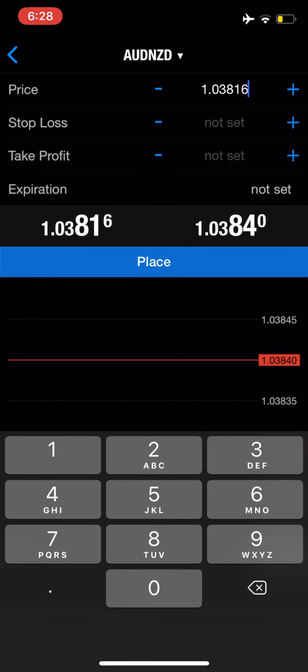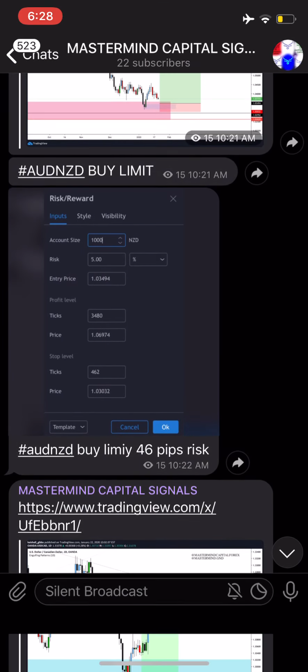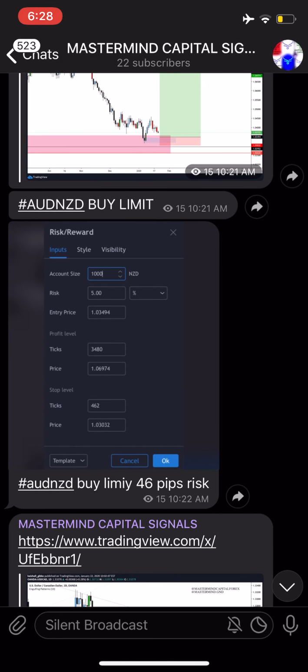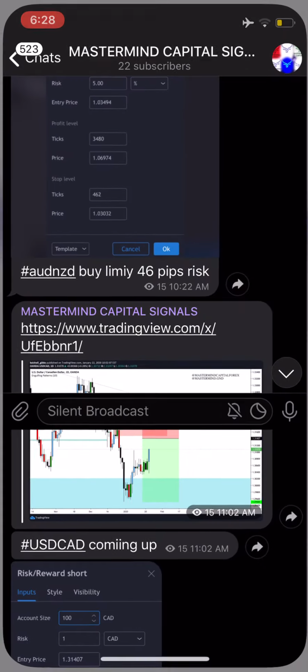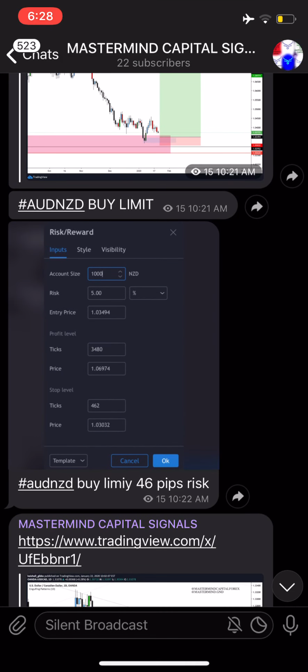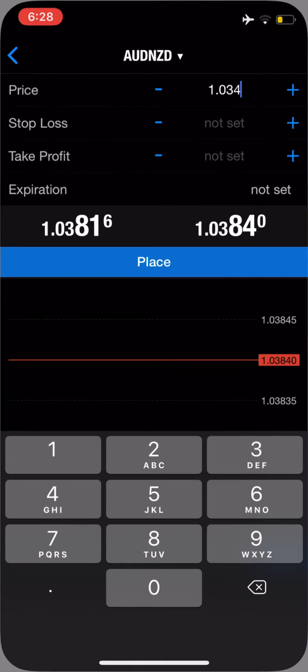We enter the price where I'm getting in at, which would be 1.034, right? Our stop loss 1.030, right?